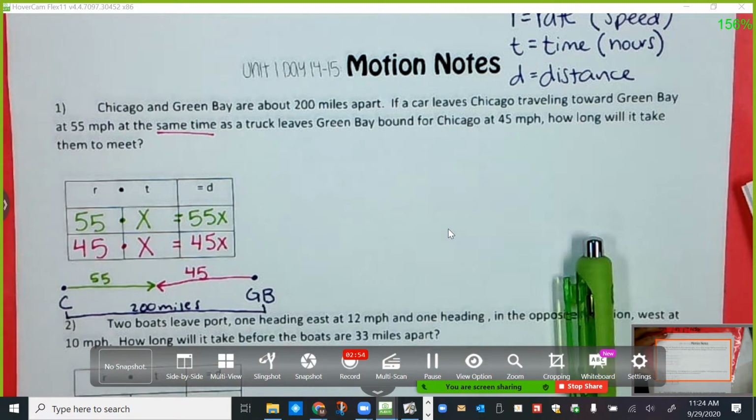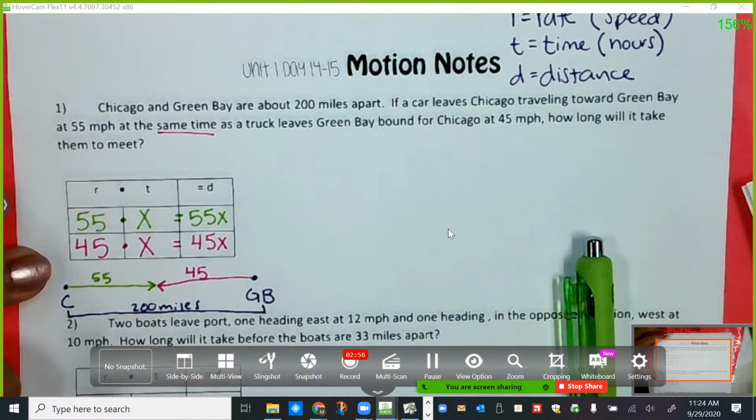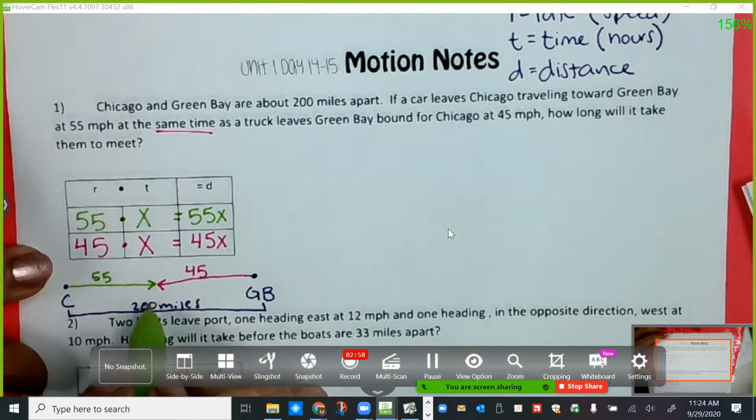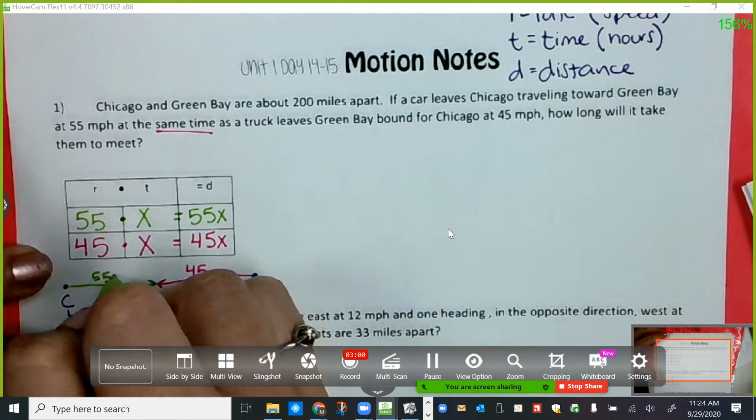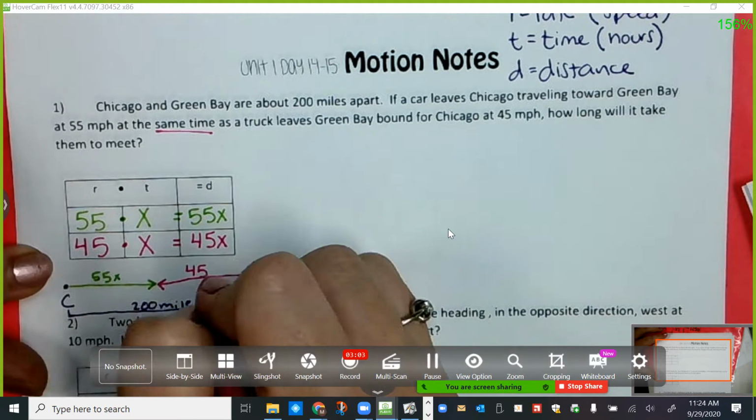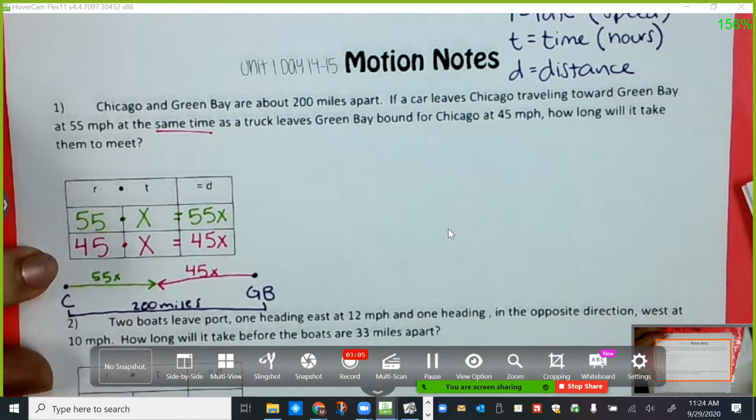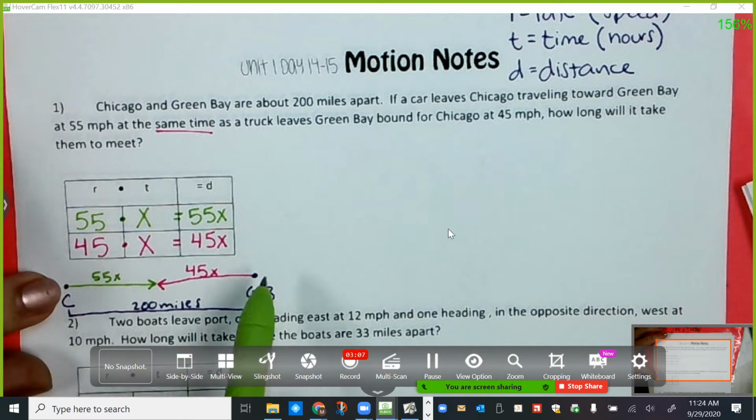Okay, so I want you to see that what represents my distance, since we're talking about miles down here, is 55x and 45x. Do you see that the green and the pink added together equals the purple?